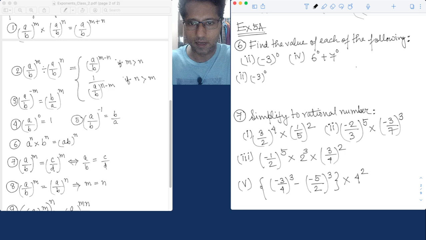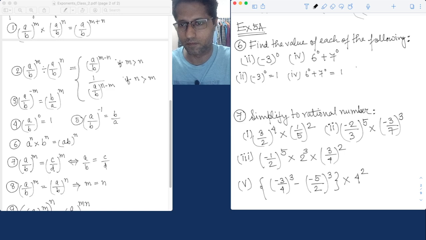As we discussed, any number raised to the power 0, whatever the number be, is always 1. This one is 6 raised to the power 0 plus 7 raised to the power 0. 6 raised to the power 0 is 1, 7 raised to the power 0 is 1. So this is 2.